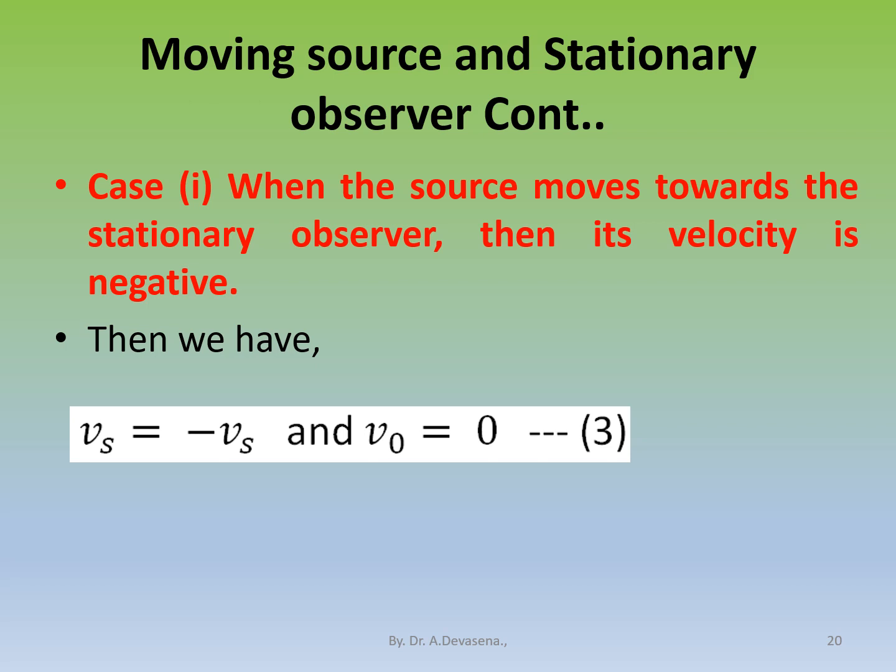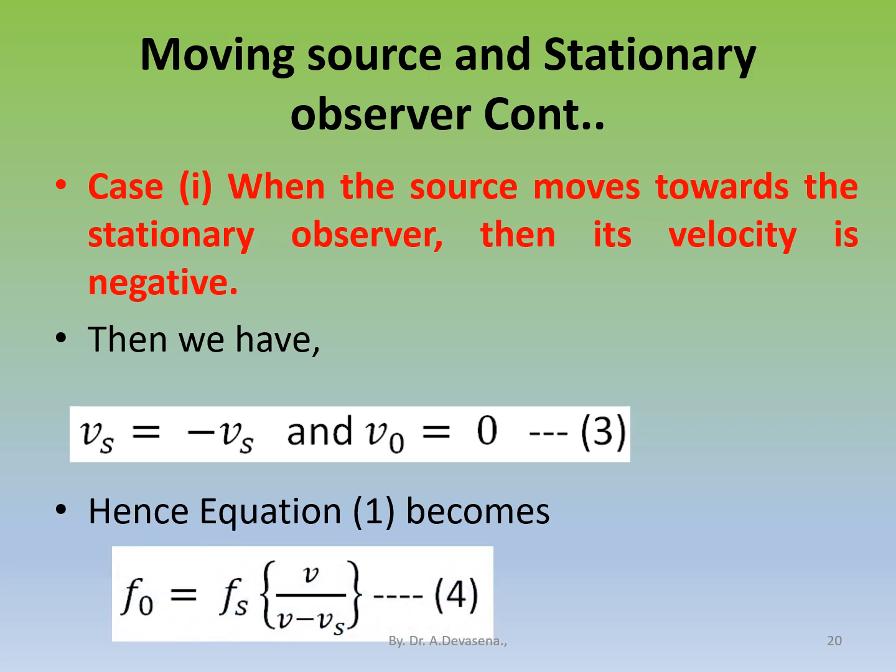Consider this is equation 3. Hence, equation 1 becomes f naught is equal to f suffix s open bracket v divided by v minus v suffix s. Consider this as equation 4.